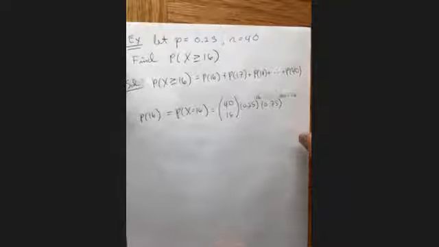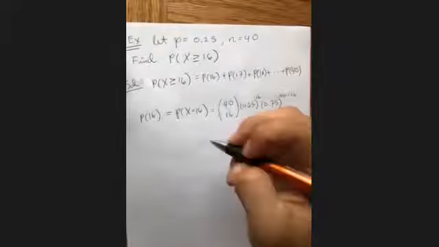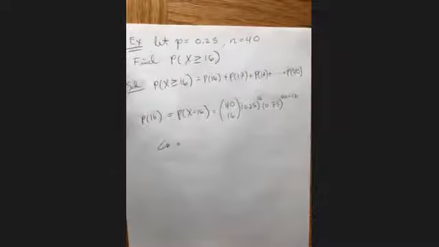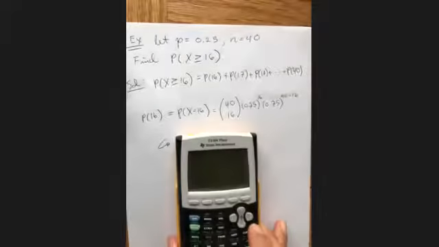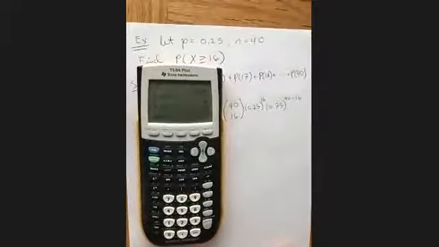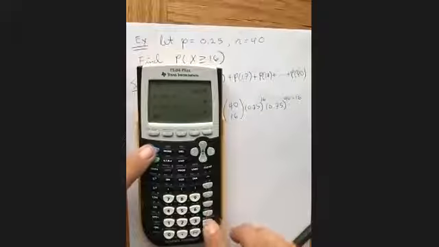Okay. So quickly, we're going to find out that this is a rather beastly computation. So to find the binomial coefficient, 40 choose 16, we use the function again.